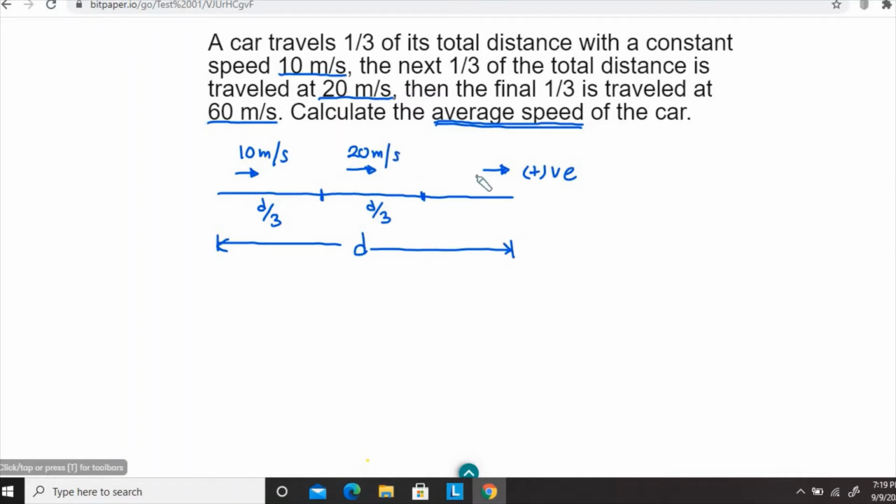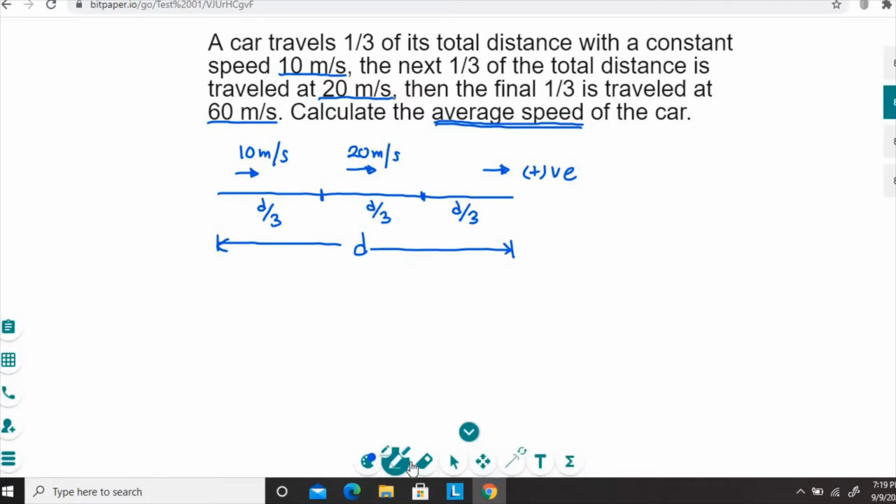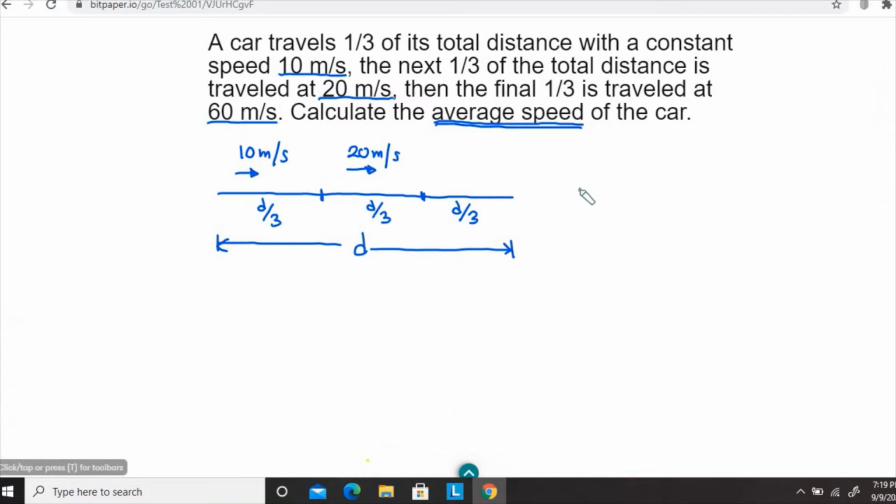And then the final one-third is traveled at 60 meters per second. Let me erase this because it's in our way. This is the positive direction, and here the constant speed is 60 meters per second, and that's the final one-third of the motion. Now find the average speed.